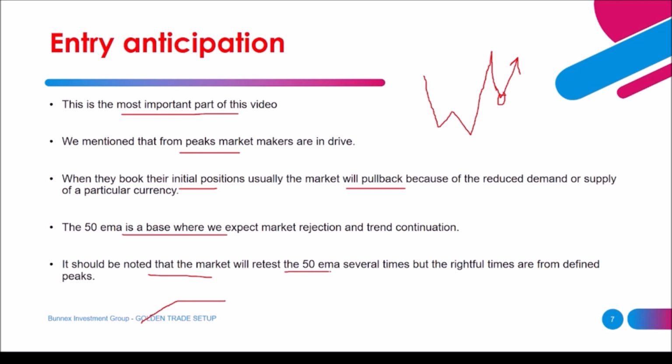If you open your chart, you are definitely going to see the market retesting the 50 EMA several times, but it's not always that you need to respect it. You only respect it when we are coming from a valid peak. And what did I say? A valid peak is a peak that is a PFH or a PFL. And we determine those PFHs and PFLs from counting of levels.